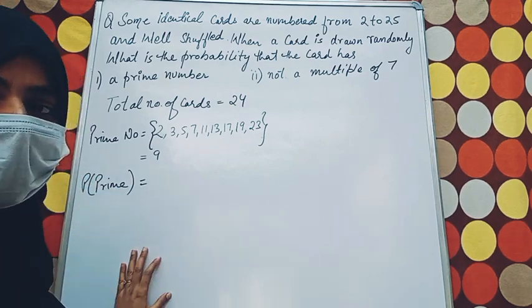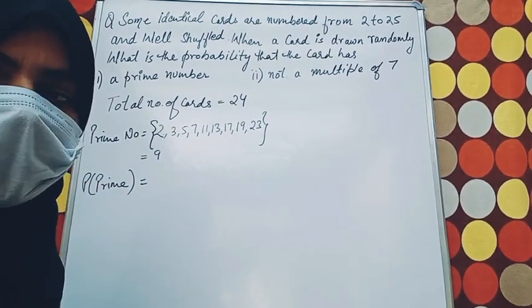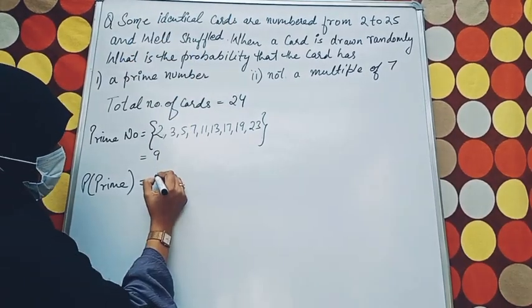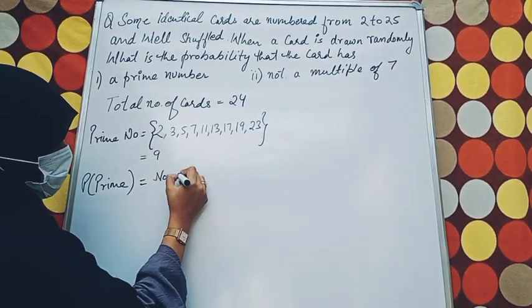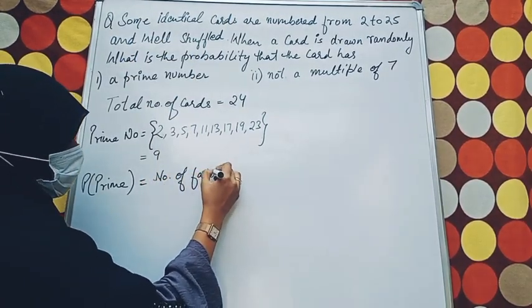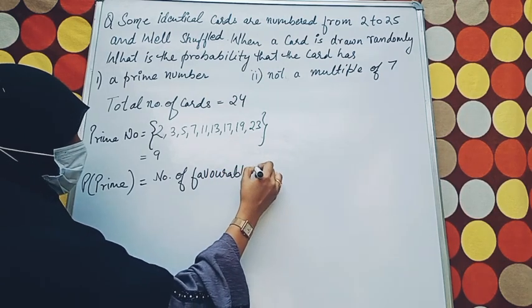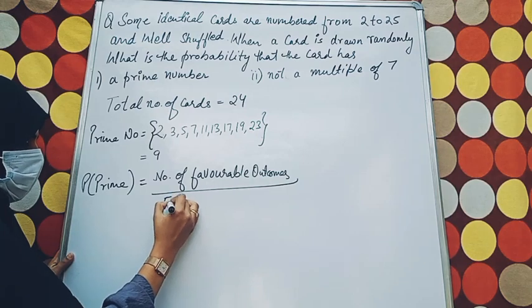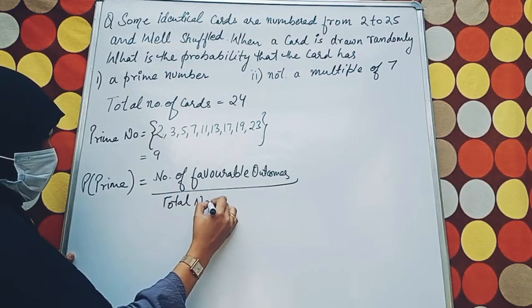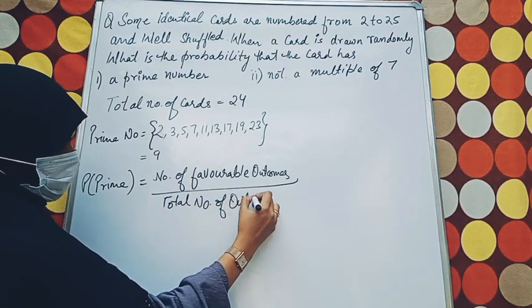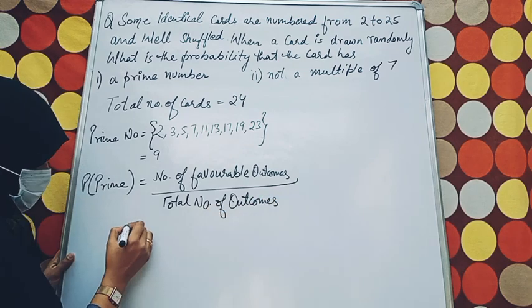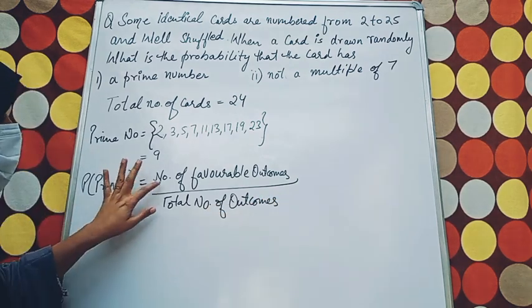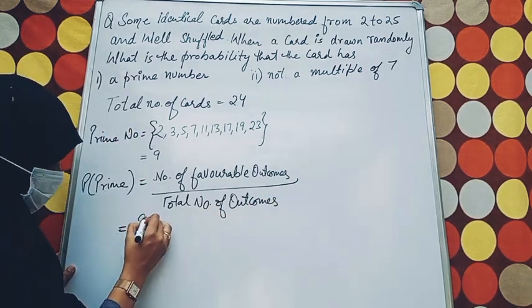So the probability for a prime number equals, what was the formula we told you in the previous clips? Number of favorable outcomes upon total number of outcomes. Number of favorable outcomes is 9.